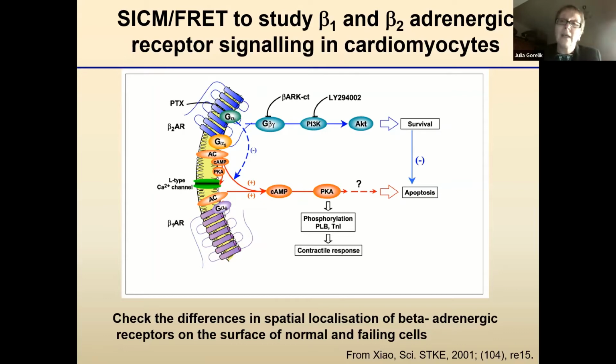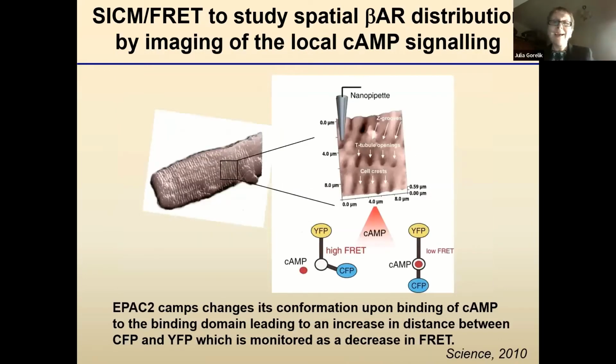We decided to do this with a combination of scanning ion conductance microscopy and the FRET technique, using the fluorescent sensor EPAC2-camps, which changes conformation when cyclic AMP binds the binding domain.